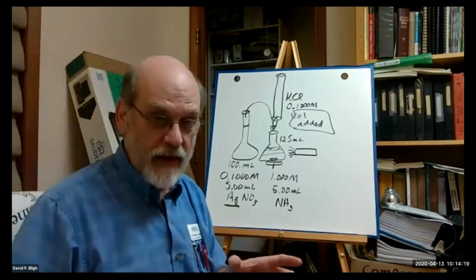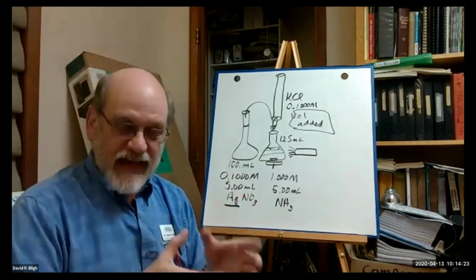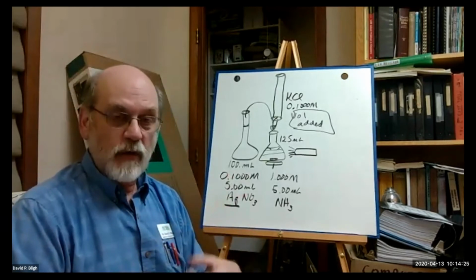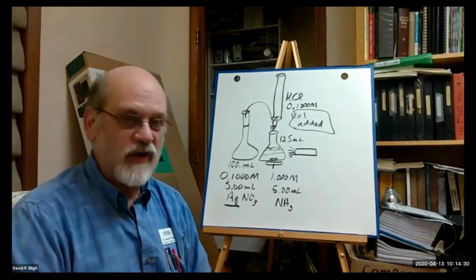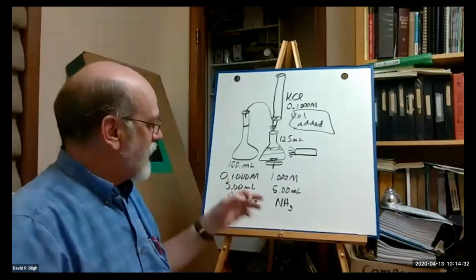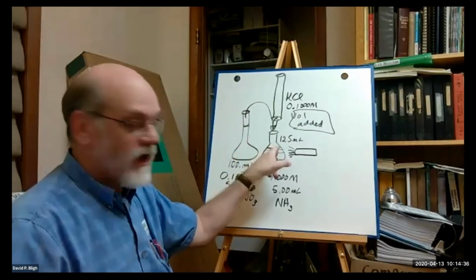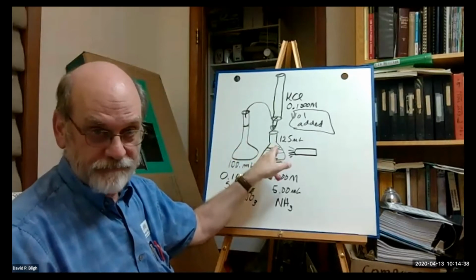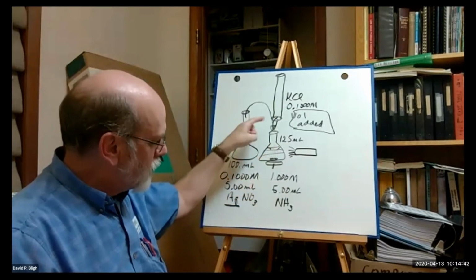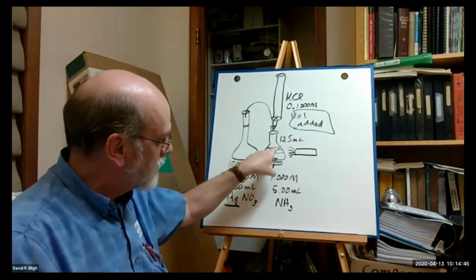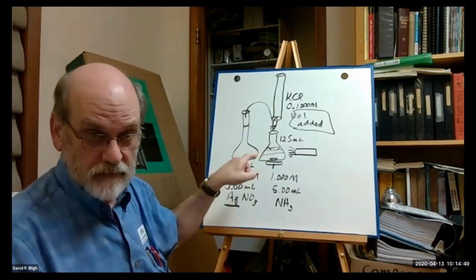Why do we need to know that? Because the Kf is an equilibrium constant. Equilibrium depends upon concentrations. And this concentration is not equilibrium. That concentration is equilibrium. So you're going to use these values to calculate the concentration of each one in that flask when you reach equilibrium.